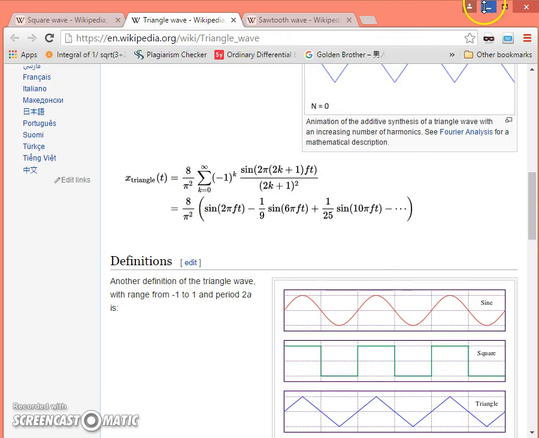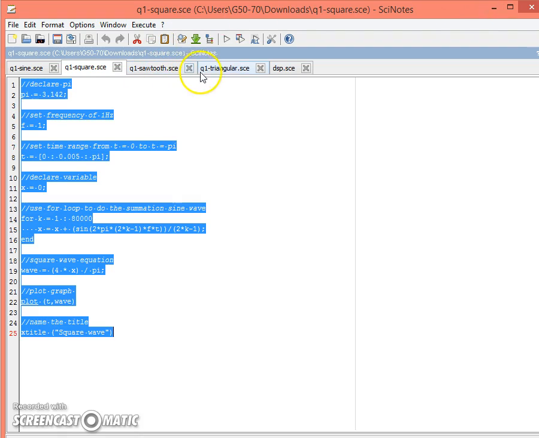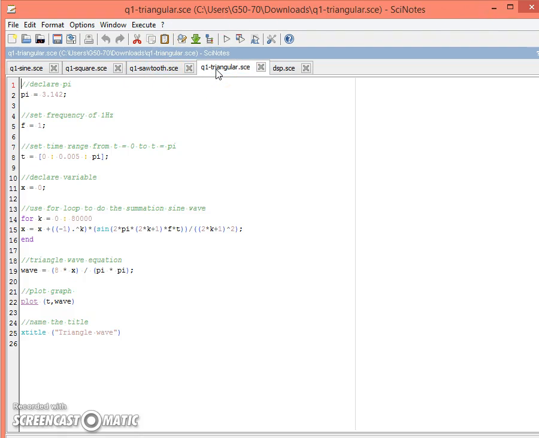Next I am going to show the triangular wave coding. First, as usual, we need to declare pi, declare the variable, set the frequency, and set the time range.